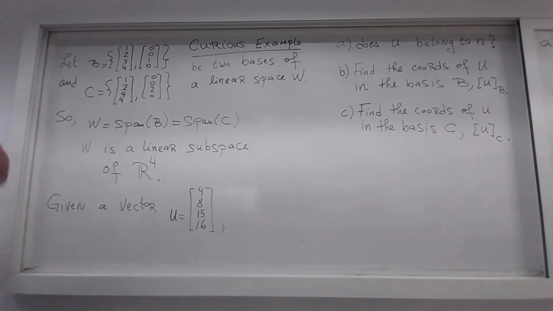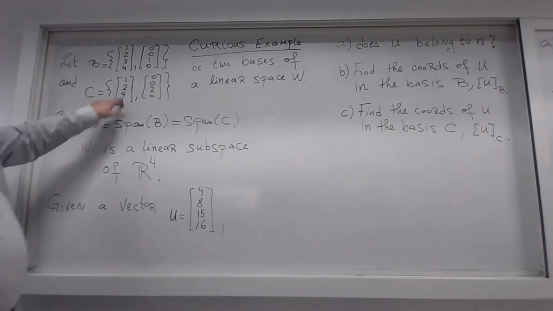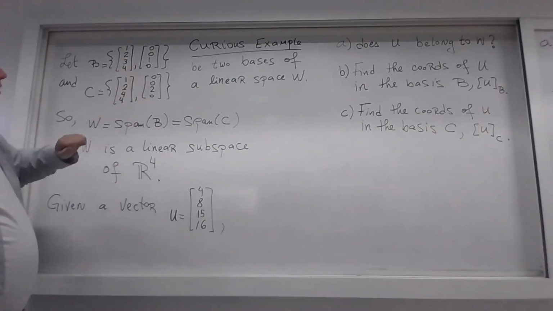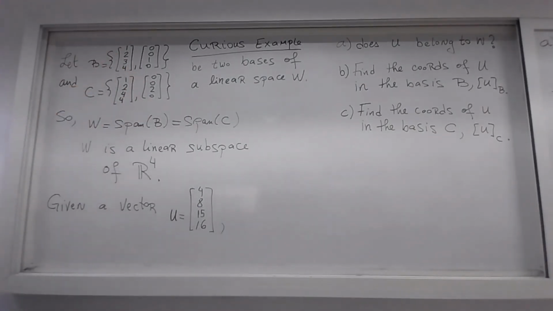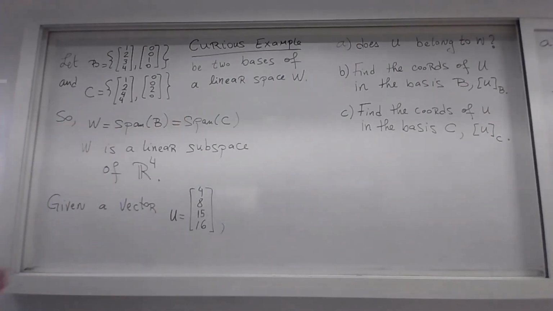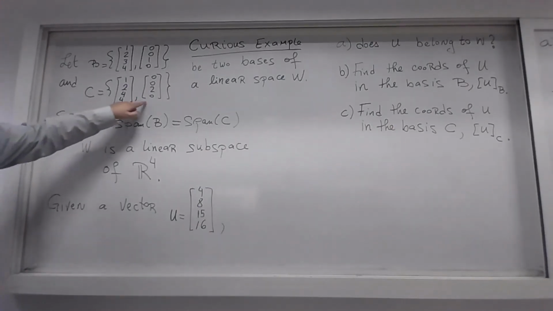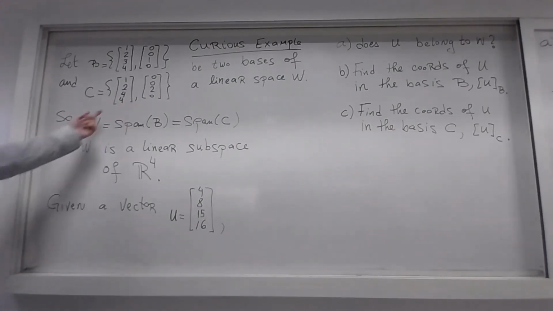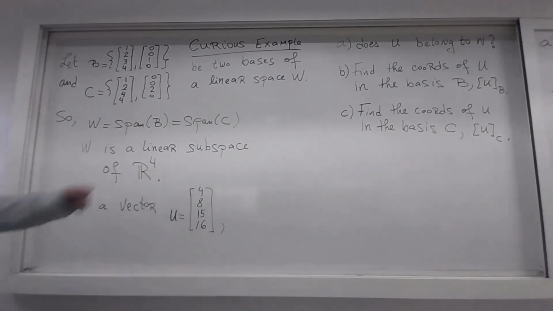If you want to make sure that they really generate the same space, this guy belongs to this space, this guy belongs to this space, and the other way around. Okay, so W is the span of B, which is the same as the span of C. Obviously, W contains vectors that are a scalar multiple of this plus a scalar multiple of this. So these are vectors with 4 components. So W is a linear subspace of R4.